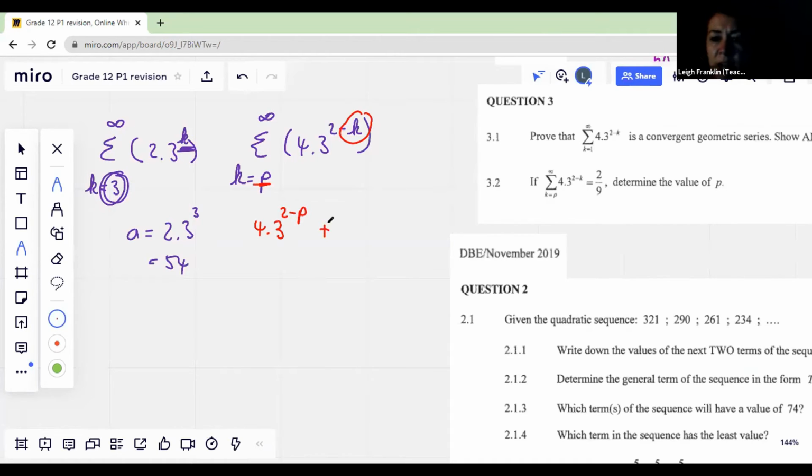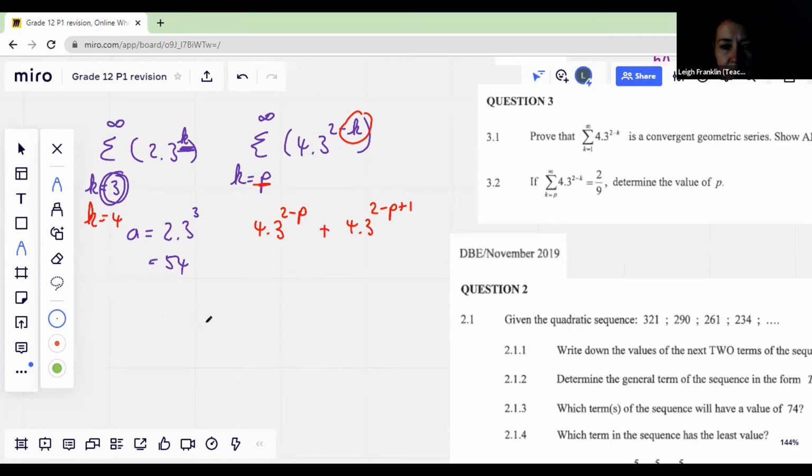So every time we sub in one more. If I wanted to work out the next term in this pattern, the one on the left, I would sub in K is equal to 4. 4 is 3 plus 1. So now when I sub in here in the red on the right, I need to sub in one more than P. So my second term of my series is going to be 4 times 3 to the 2 minus P plus 1.